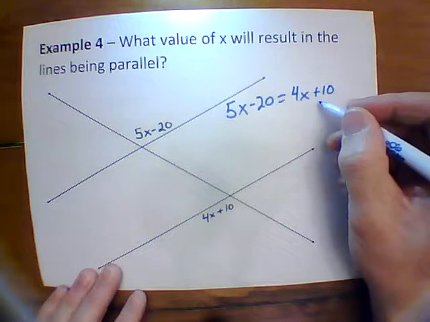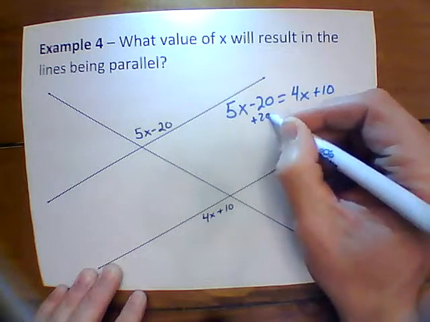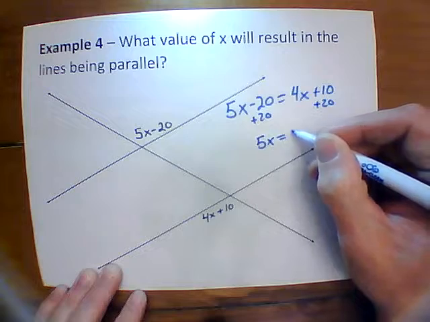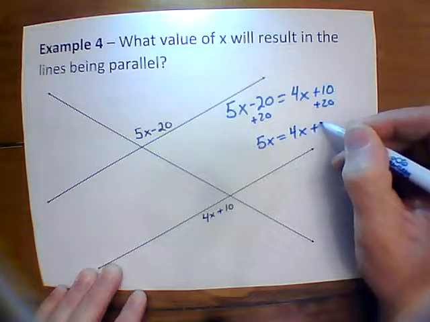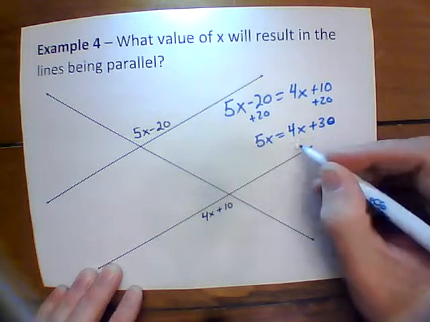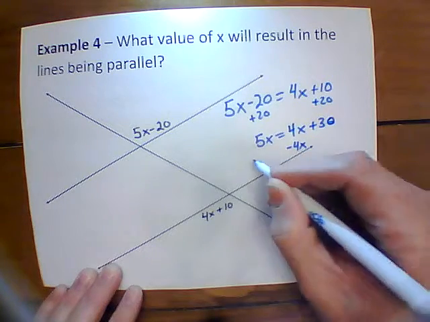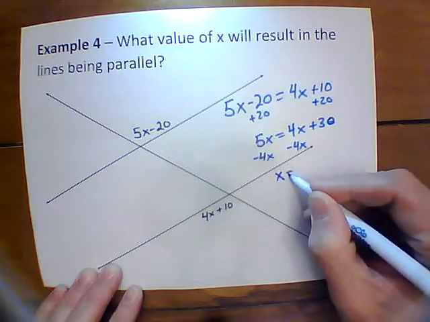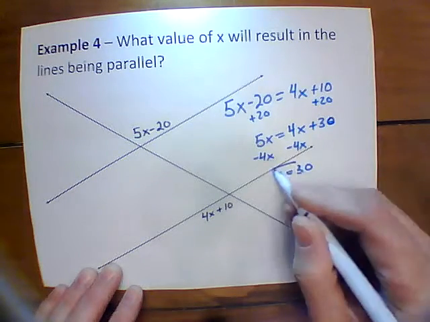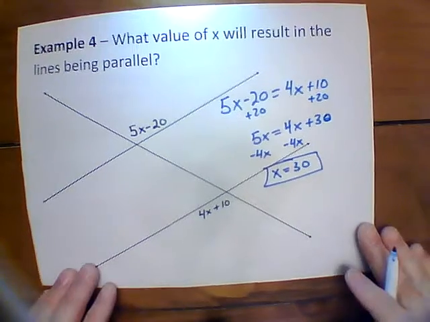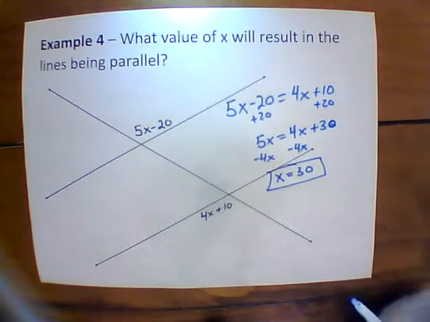To do so, I'm going to first add 20 to both sides. We'll end up with 5x equals 4x plus 30. My next step is to subtract 4x from both sides. 5x minus 4x is equal to x, which means I've figured out what value of x will lead to these lines being parallel.